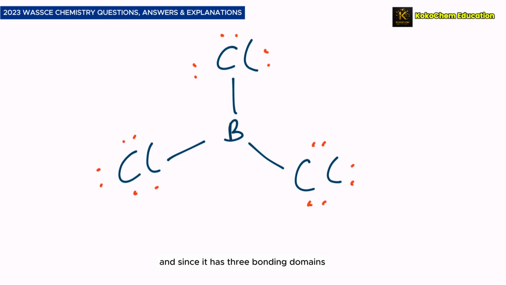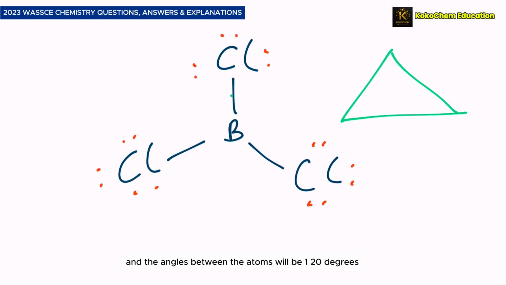Since it has 3 bonding domains, i.e. boron is bonded to 3 atoms, and there's no lone pairs on the boron atom, the hybridization, according to valence shell electron pair repulsion theory, is sp2, leading to trigonal planar shape. Trigonal because the shape of BCl3 is like a triangle, and the angles between the atoms will be 120 degrees.